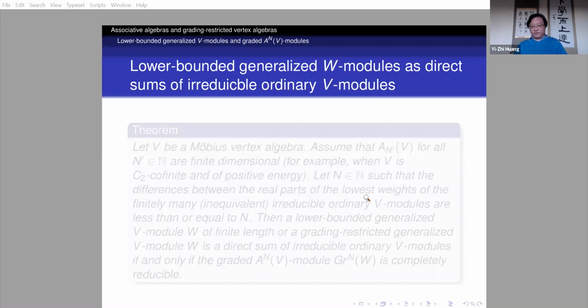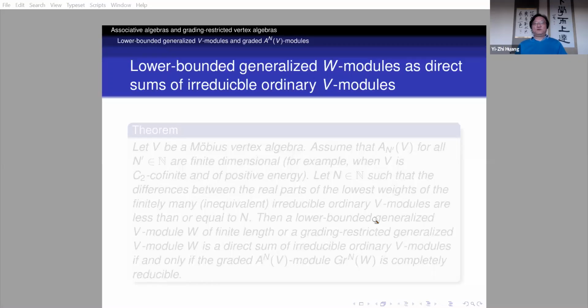Now, the last result I want to discuss is the following. As I said, in the representation of vertex algebras, the truly interesting modules are actually grading restricted, because the lower bounded infinite dimensional homogeneous space does not behave well under contragredient and so on.